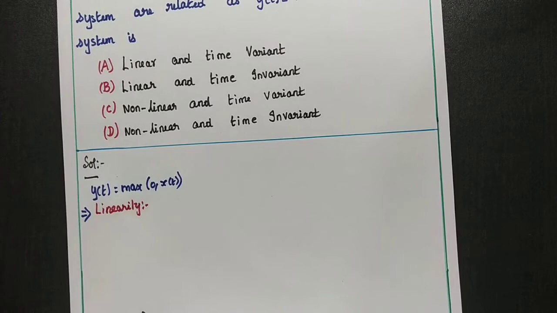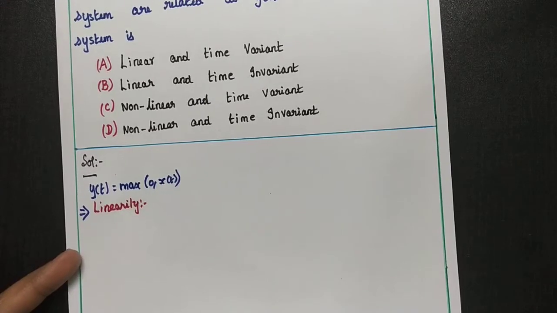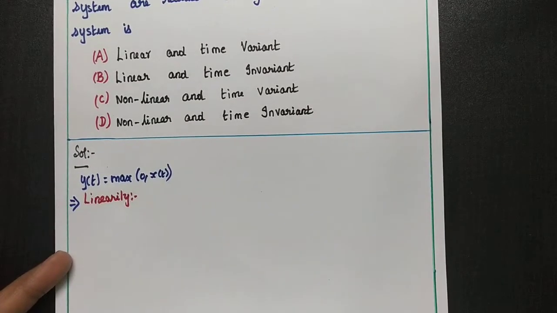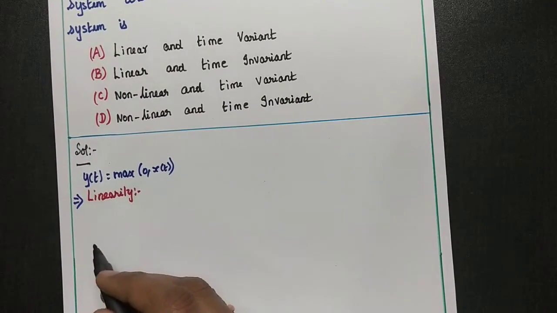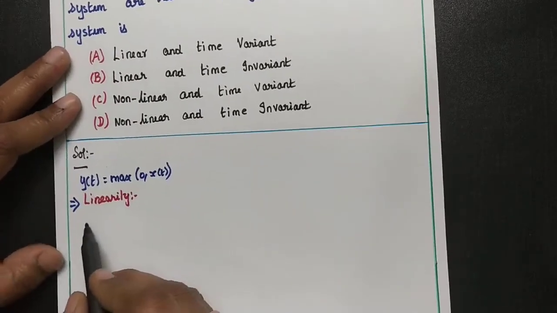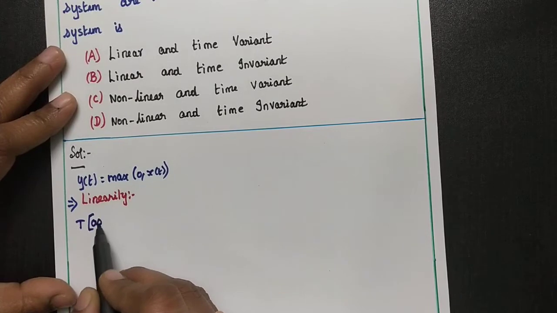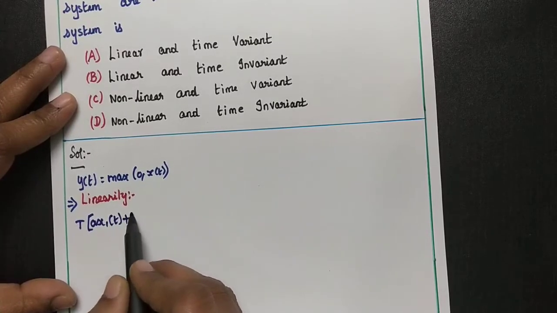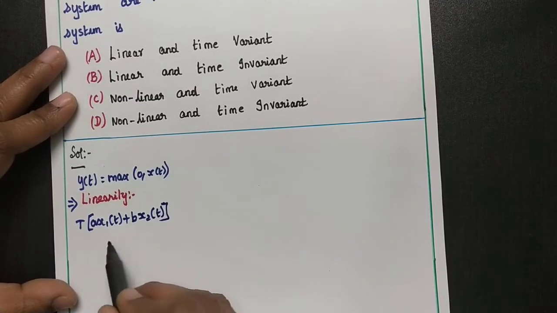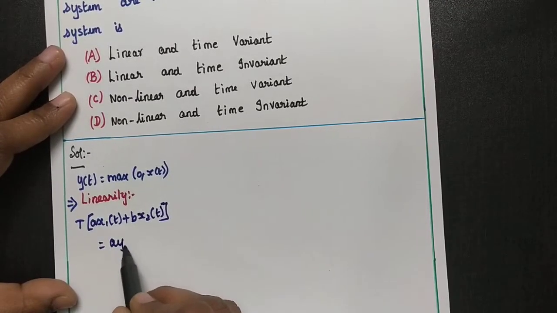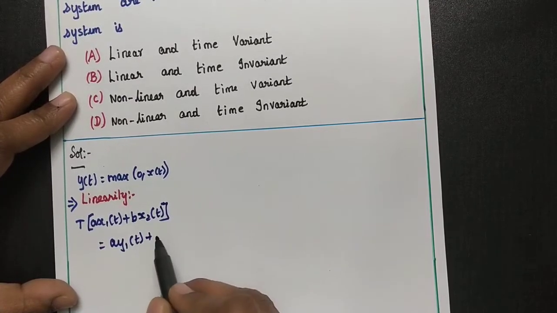The system has to satisfy the superposition principle, which we discussed in the previous video. The superposition principle is that the response of a weighted sum of input signals should be equal to the weighted sum of output signals.